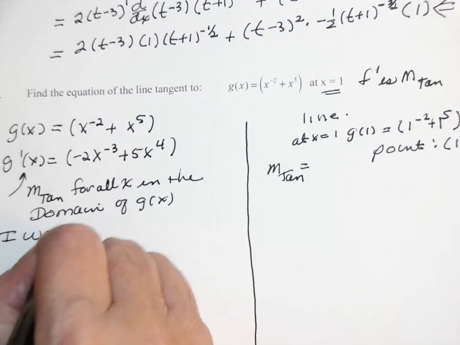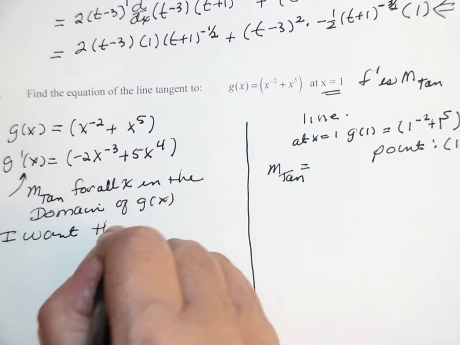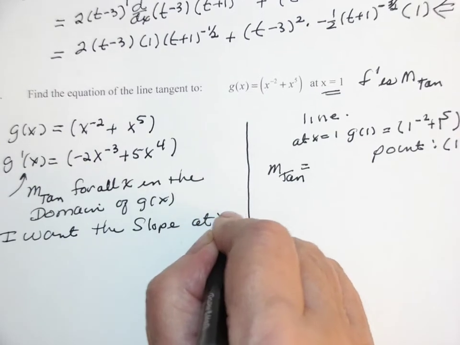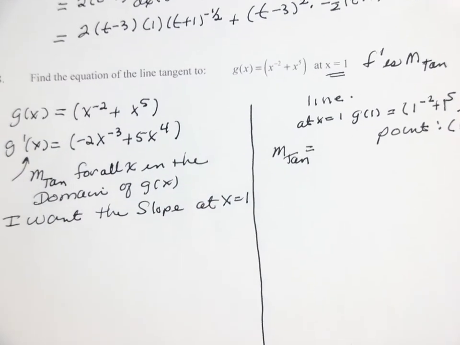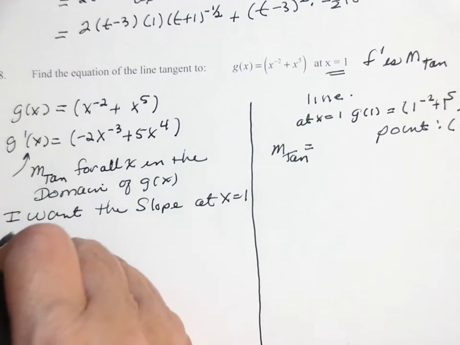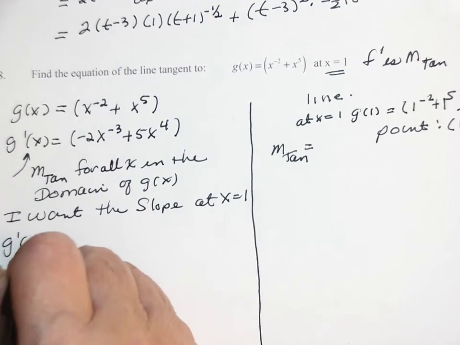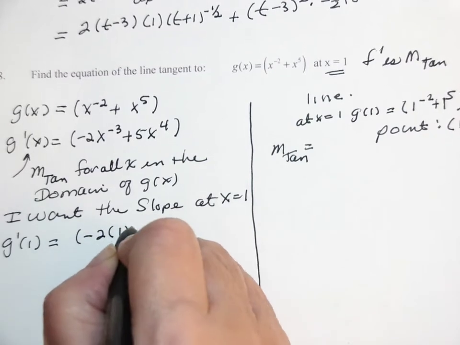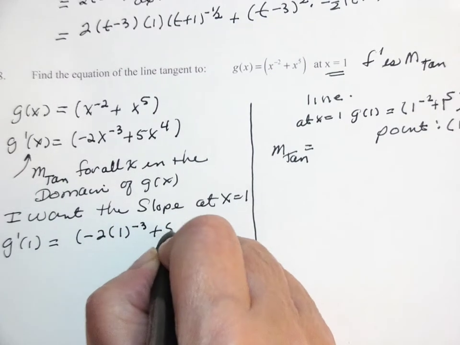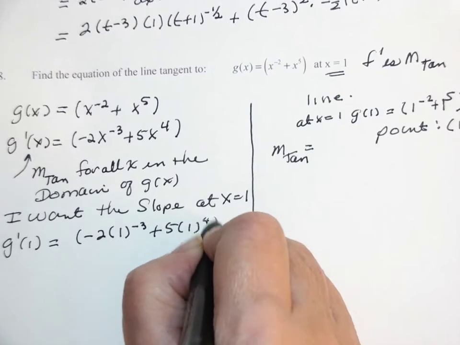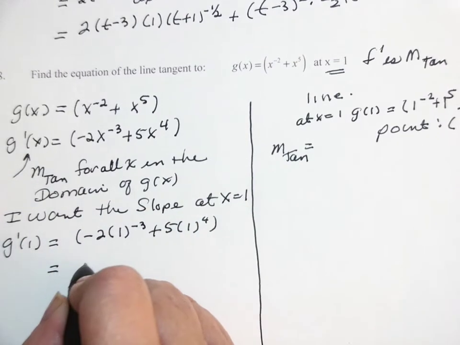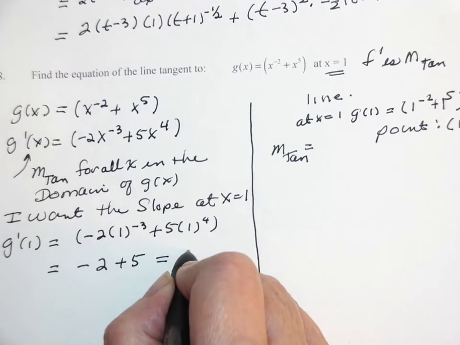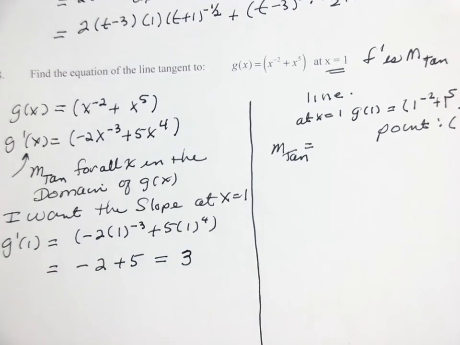I want the slope at x equal 1, so that g prime of 1 equals negative 2 times 1 to the negative 3 plus 5 times 1 to the 4th, which is negative 2 plus 5, or 3.